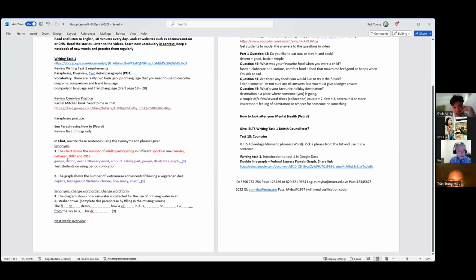Okay, just before I go on to question 2, everyone, I just want to talk about this collocation, over a 10-year period. Period in this context just means an amount of time. Okay, a 10-year period. In this case, between 2007 and 2017 is 10 years, a 10-year period. So you can have a 60-minute period, a 2-hour period.